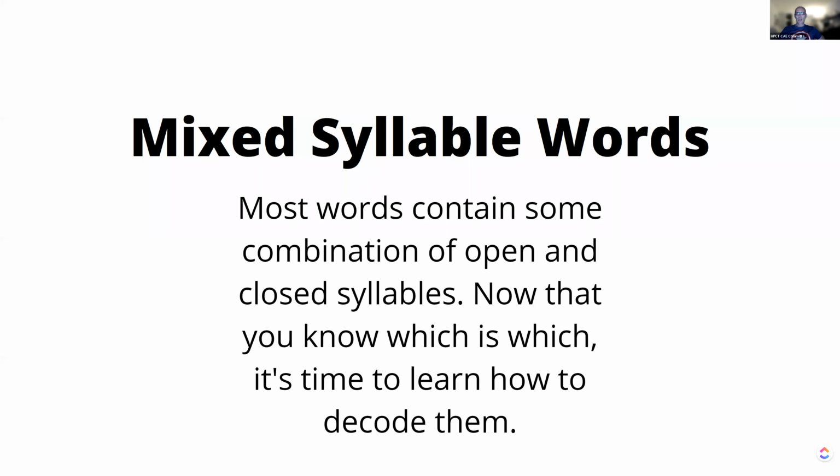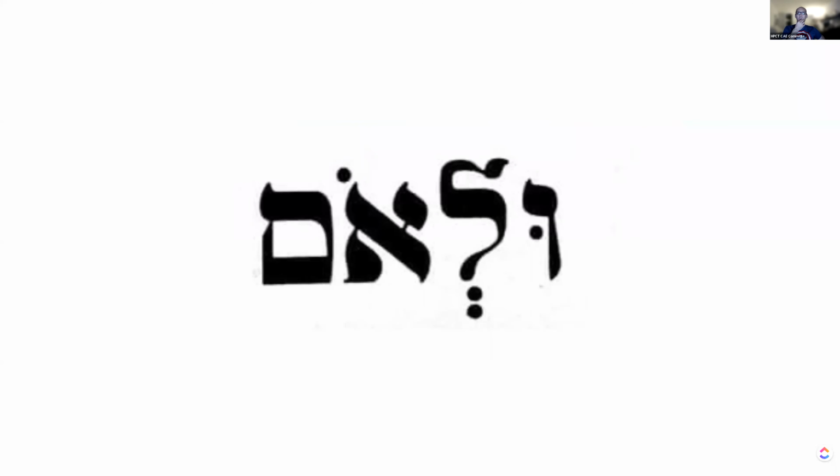Okay, so let's take a look at this word here. First of all, I want to know how many syllables this is. Three. Okay. Pete's saying 3. Do I have any other guesses? 3. 2. Sarah's saying 2. Who else says 2?